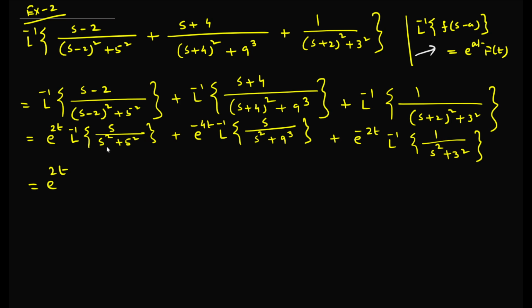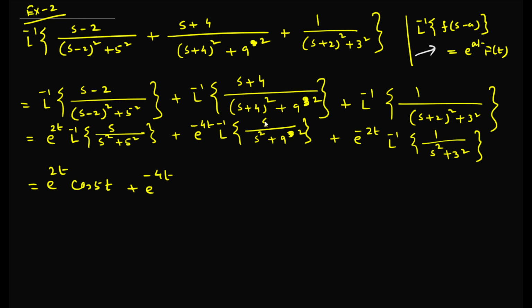So which formula are we going to use here? S divided by s square plus 5 square is nothing but cos 5t. Then e to the power minus 4t, L inverse of how much is it? S divided by s square plus 9 square. It is not cube, there is one printing mistake. This is square.